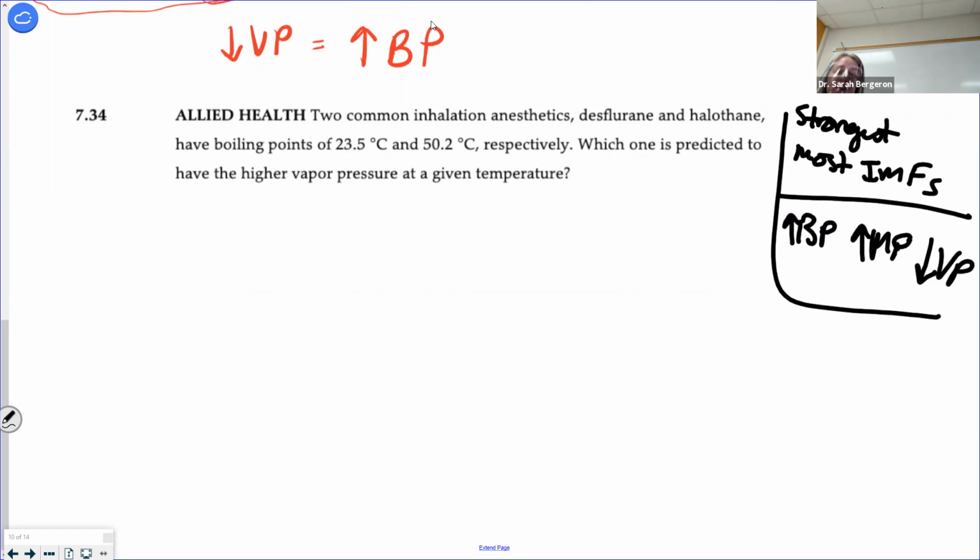Okay. So we have two common inhaled anesthetics, desflurane and halothane. They have boiling points of 23.5 degrees Celsius and 50.2 degrees Celsius, respectively. Which one is predicted to have a higher vapor pressure at a given temperature? So we have our two.